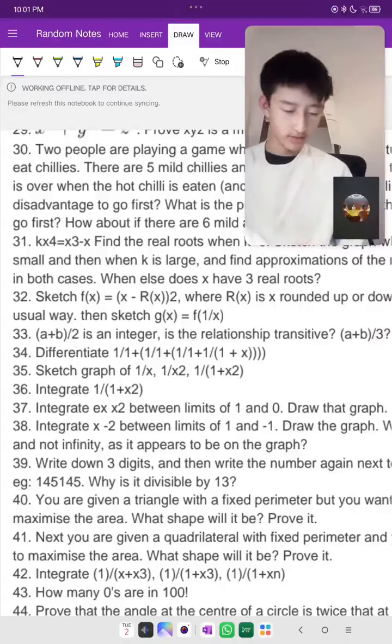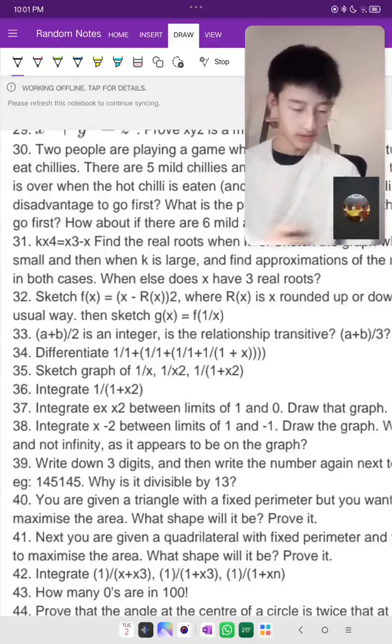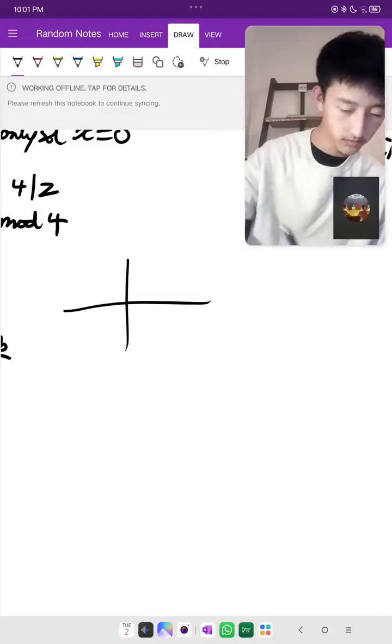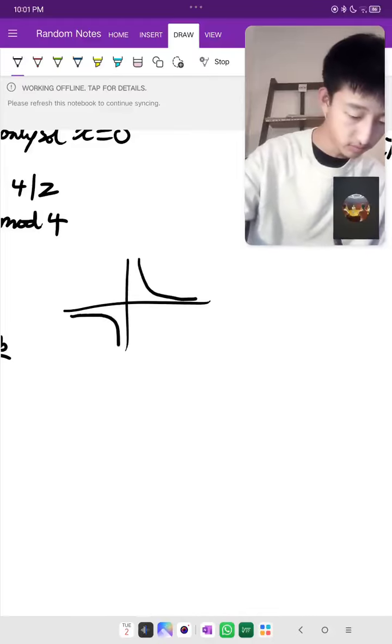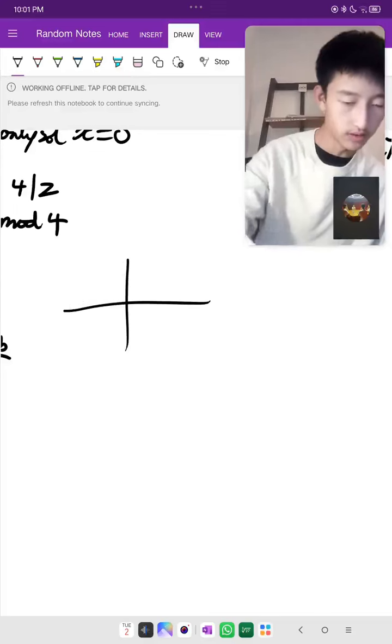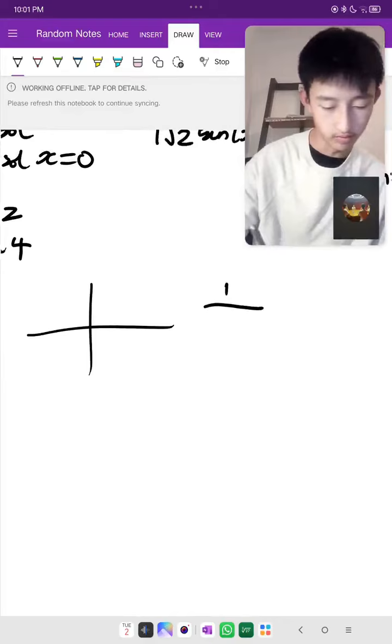Sketch the graph of 1 over x, 1 over x squared, and 1 over 1 plus x squared. Well, 1 over x, then 1 over x squared, then 1 over 1 plus x squared probably requires a bit more to it.